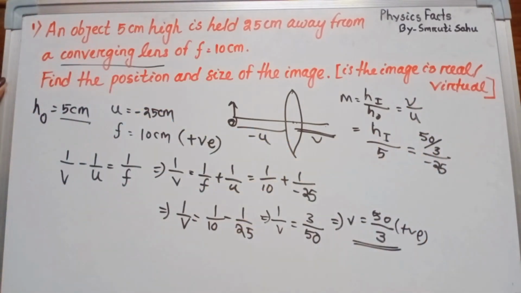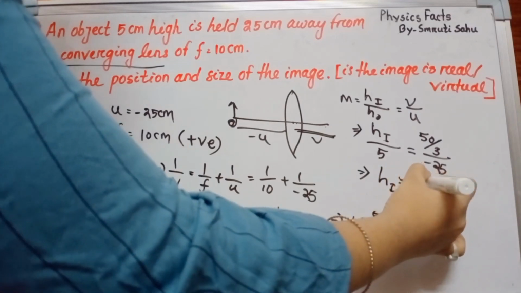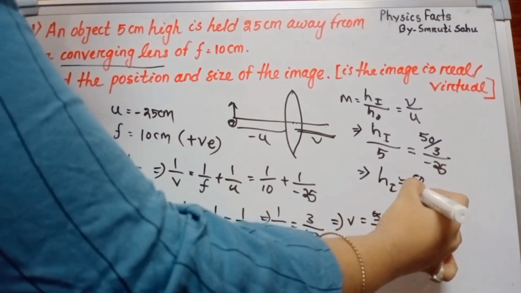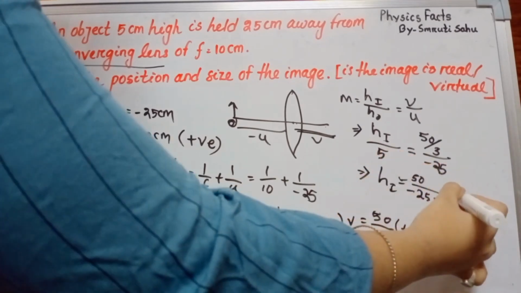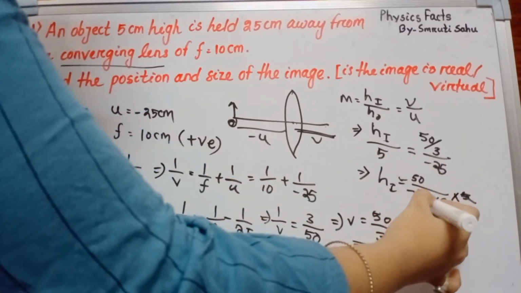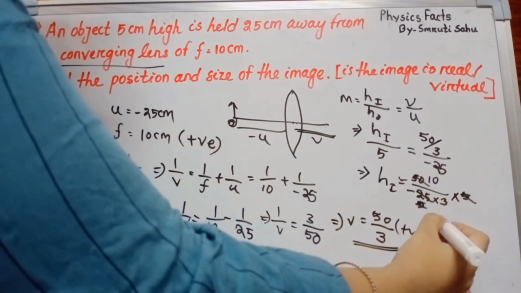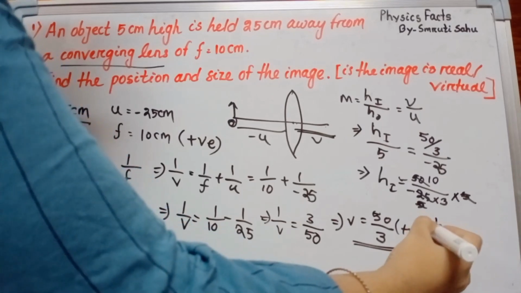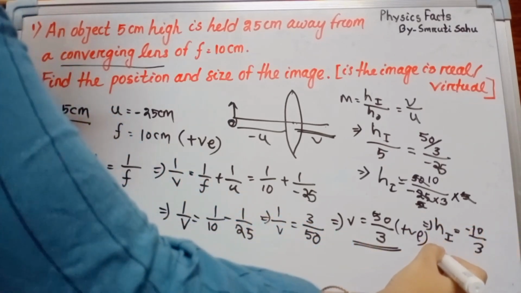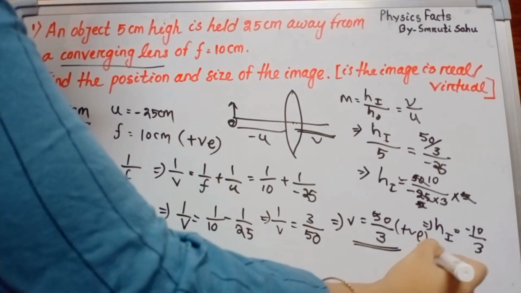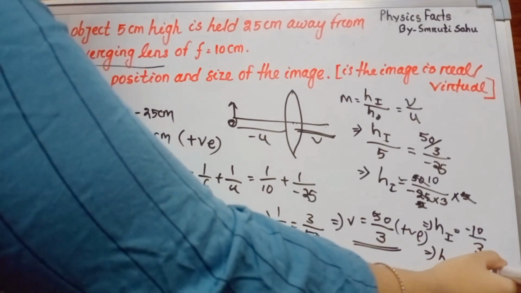Next, hi equals 50 divided by minus 25 into 3, and the 5 goes to this side. Then 5 into 5 is 25, and 50 divided by 5 is 10. Then hi equals minus 10 by 3, and simplifying further, hi equals minus 3.3 centimeter.